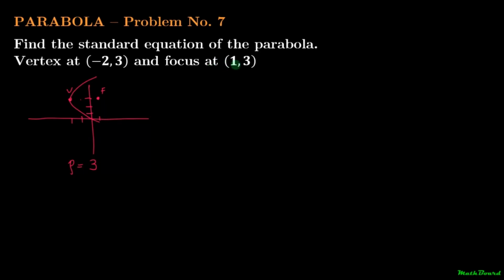So, negative 2 minus 1 is just negative 3. Absolute value is 3. Then, the vertex is negative 2, 3. So, this is our h. This is our k. Opens to the right, the equation would be y minus k squared equals 4p times x minus h.